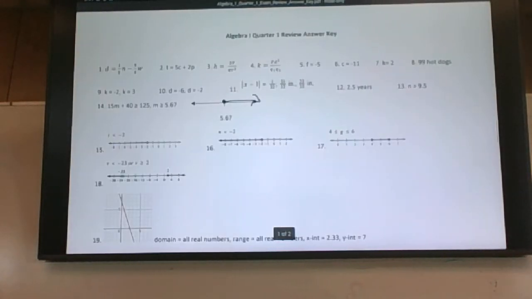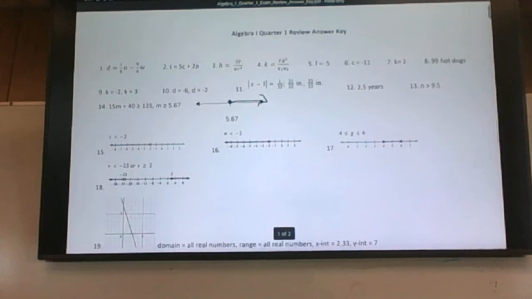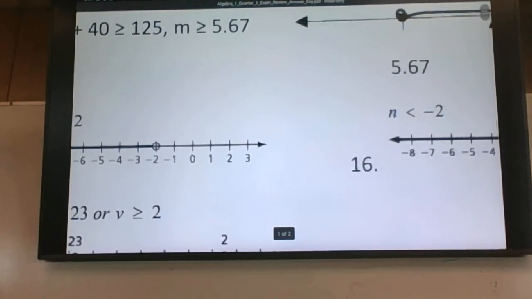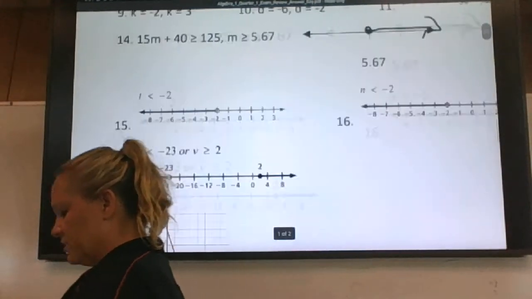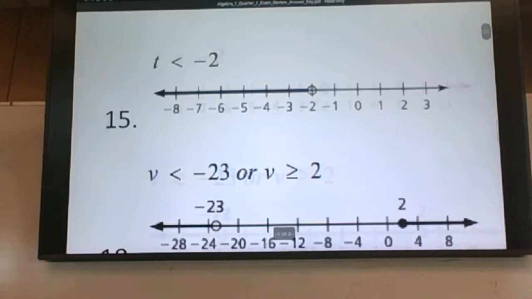Alright, here are your answers for the 4 problems we were supposed to do. Here's 15. Check 15. I assigned it over the weekend. Wait, this is 14. It says solve line graph. No, just look at 15. I don't get it.